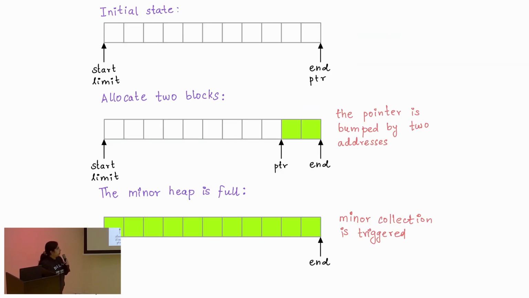How does the allocation actually happen? Let's say we have an empty minor heap and we want to allocate 2 blocks. So the pointer is incremented by 2 from the end to the current address of the pointer. This is the reason allocation is fast on the minor heap. All you're doing is changing the value of the pointer.